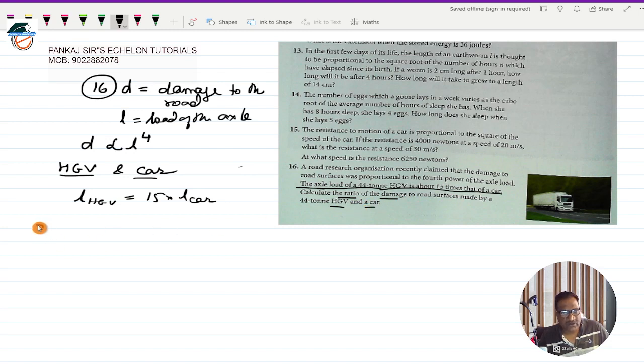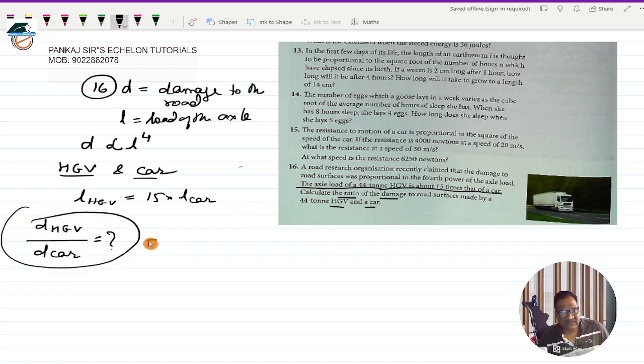So in short, he's asking you to find out D HGV, that is the damage caused by the HGV, upon damage caused by the car. This is what he is asking you. Is that clear?